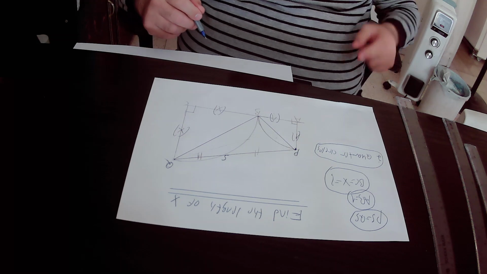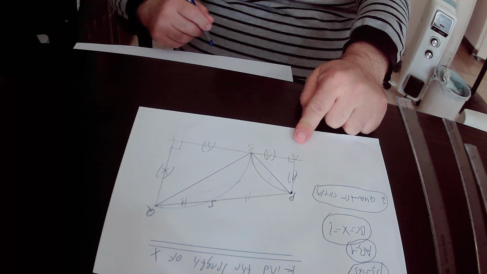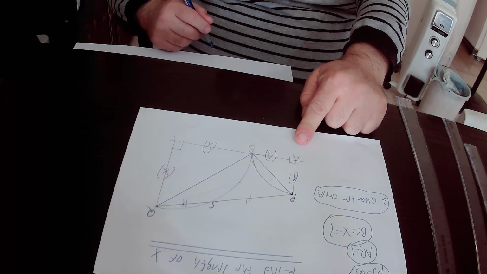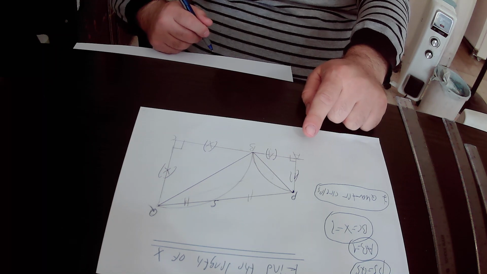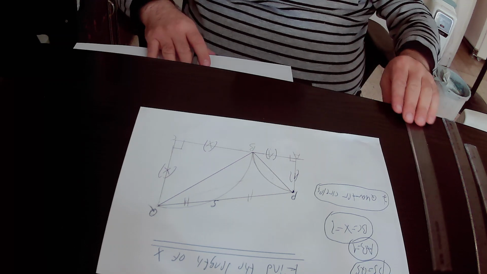By joining points P and B, we created the right triangle PAB. So I will copy triangle PAB in a new page, and we will implement the Pythagoras theorem on this right triangle PAB.